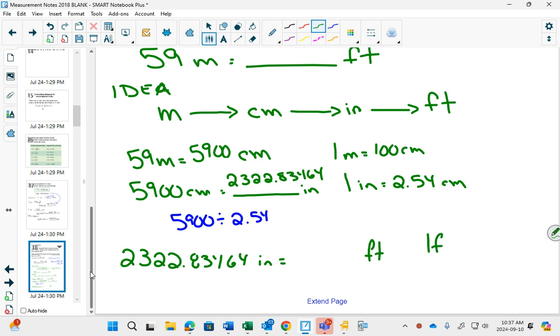And we know that 1 foot is 12 inches. So since you always have less feet than you do inches, we're going to take that number and divide again. So I go to my calculator, I divide by 12.